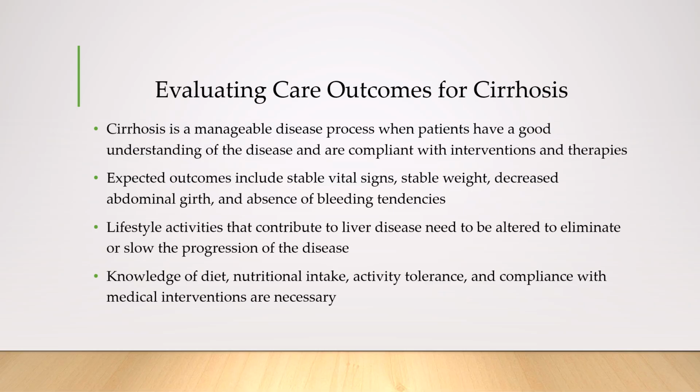Lifestyle activities that contribute to liver disease need to be altered to eliminate or slow the progression of the disease. And knowledge of diet, nutritional intake, activity tolerance, and compliance with medical interventions are necessary.